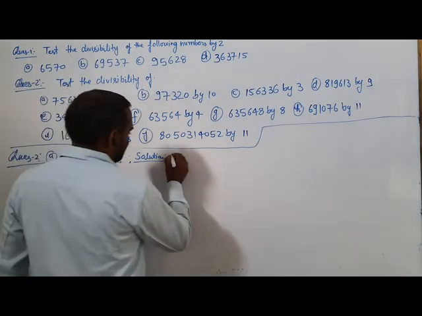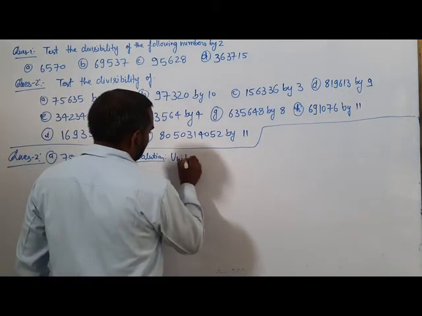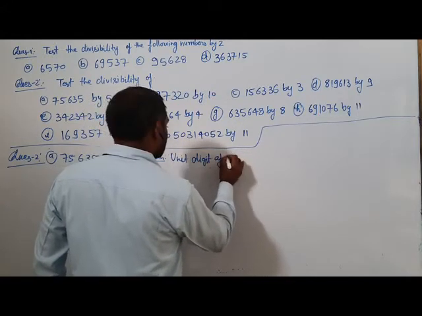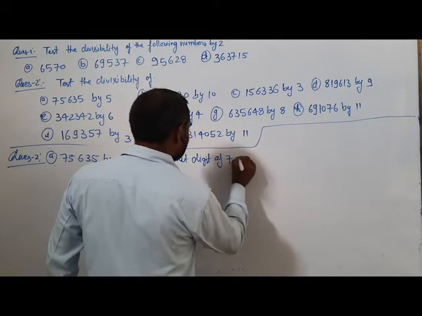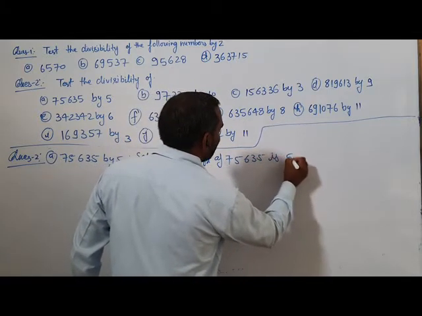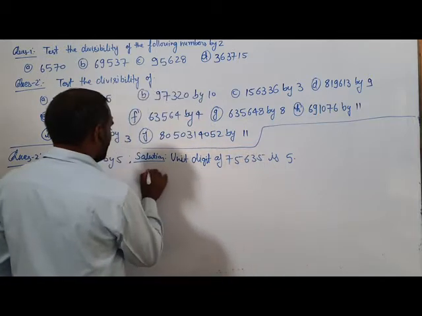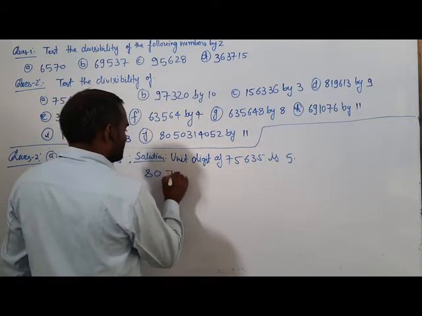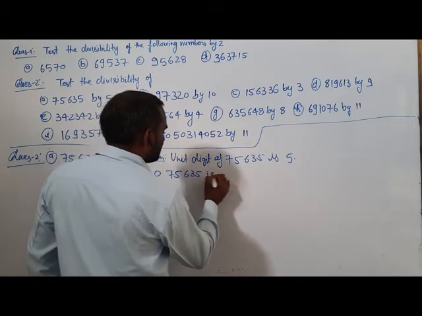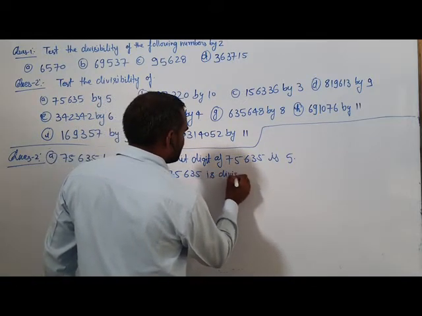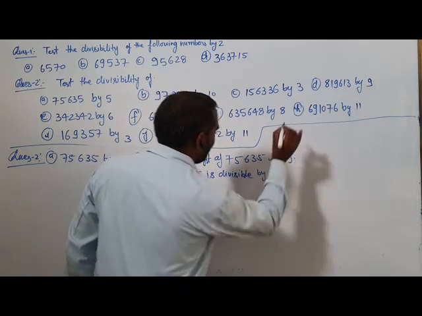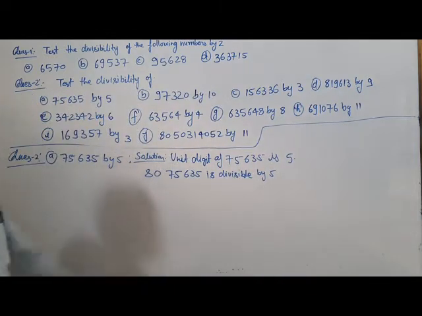The unit digit of 75,635 is 5. So 75,635 is divisible by 5. So it is clear.